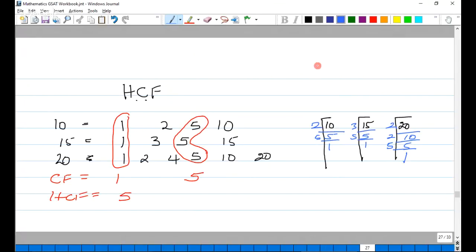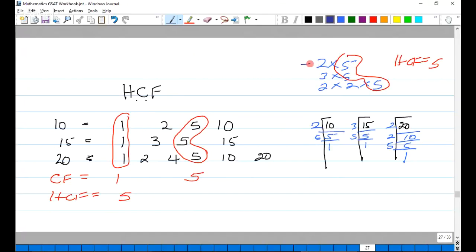Let's list all of these: 2 times 5, and 3 times 5, and 2 times 2 times 5. What is common? Only the 5. 5 is common. So the highest common factor would be 5.